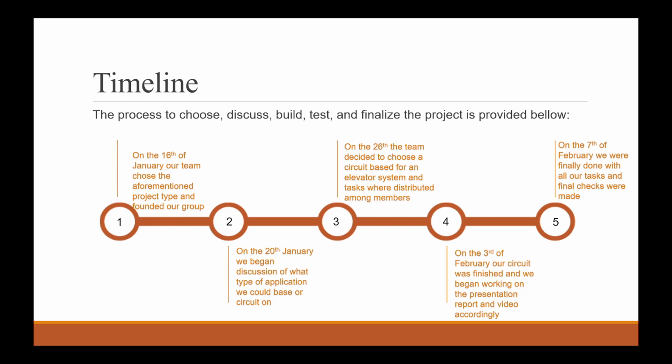On the 26th of January, the team decided to choose a circuit based on an elevator system and tasks were distributed among members. On the 3rd of February, our circuit was finished and we began working on the presentation, report and video accordingly. On the 7th of February, we were finally done with all of our tasks and font checks were made.